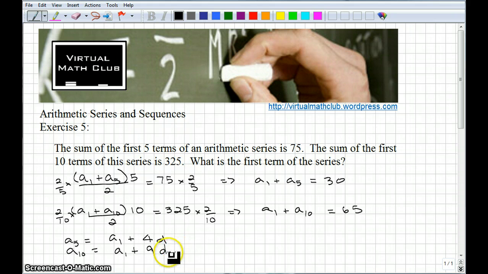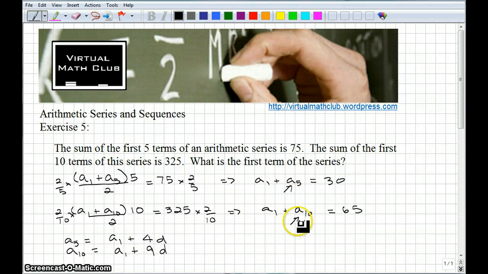Now we can do some substitution, because instead of a5 and a10, I'll have everything in terms of a1 and d. If I substitute a1 plus 4d for a5, I'll have an equation in terms of a1 and d.